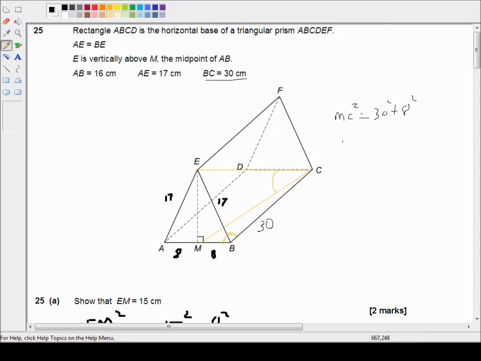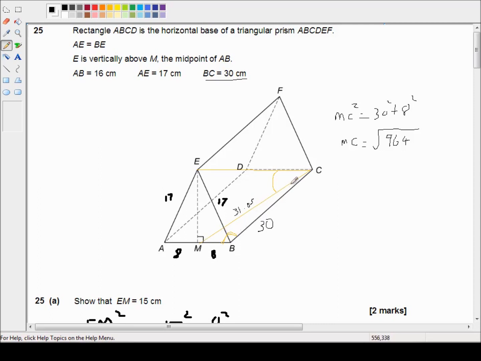So MC is equal to the square root of 964. So what did I say that was? 31.05, was it?